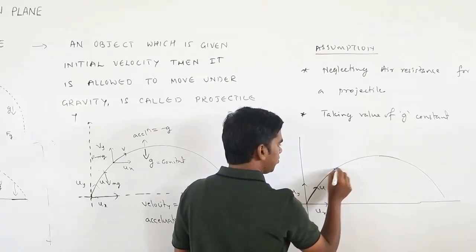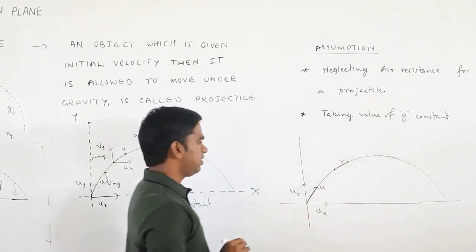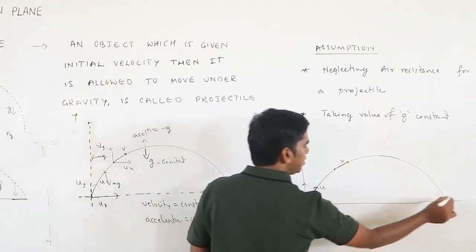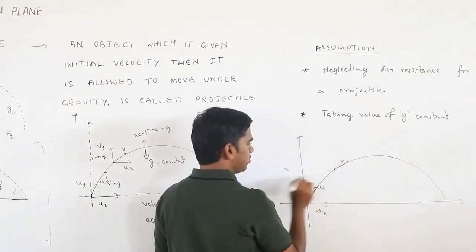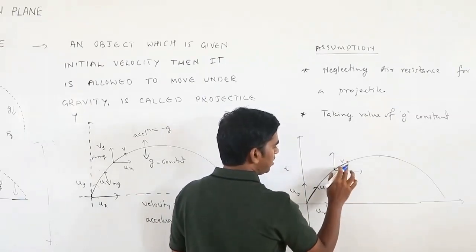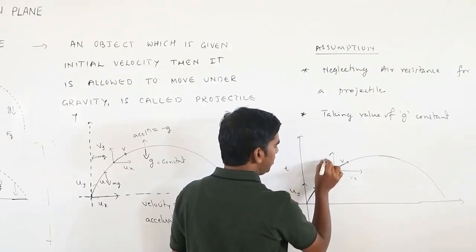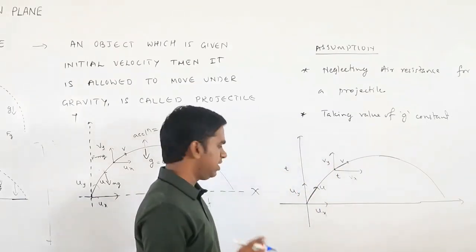If I take this point, the velocity will get changed because it is spending some time over here. So at time t, what are the horizontal and vertical components? This is vx, and here it is vy. What is vx?